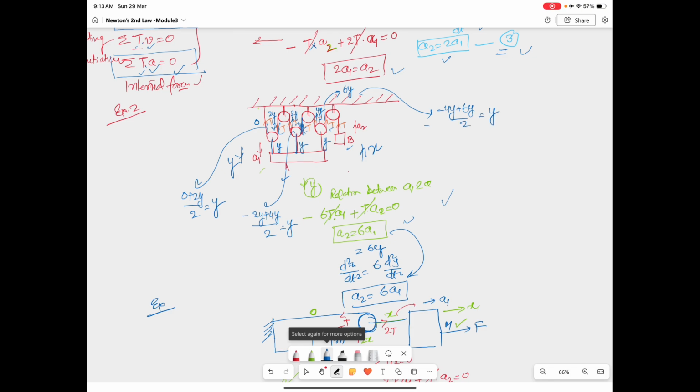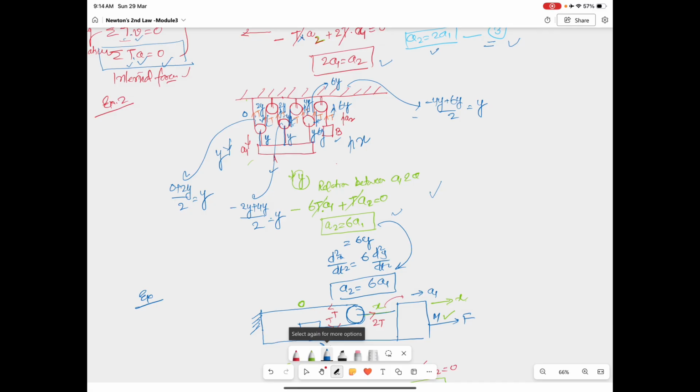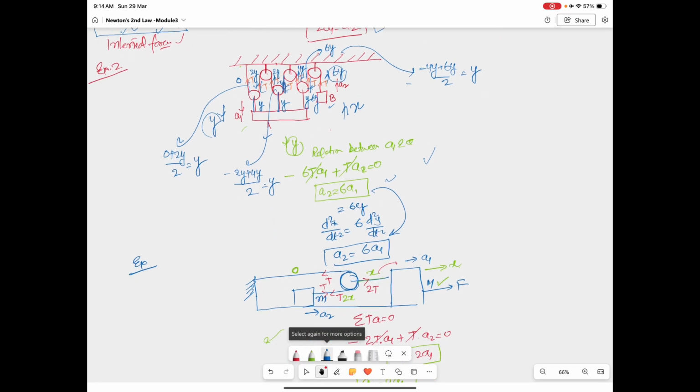So if this is going down by 6y, this will go up by 6y. Now you can see that if the displacement of this one is y, this is going up by 6y.